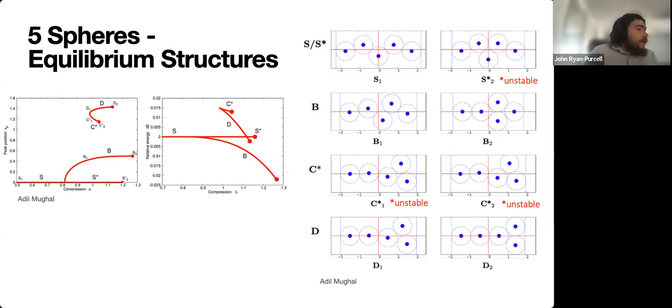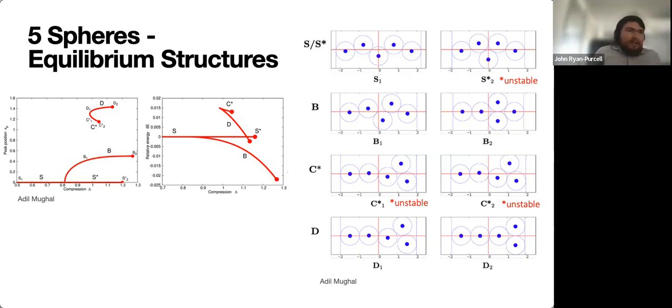As you can see, there is a rich variety of structures for given values of compression, but the ones we're particularly interested in are what we would like to consider the ground state structures, the lowest energy structures of this system, which are these S structures here, these symmetric structures under compression.